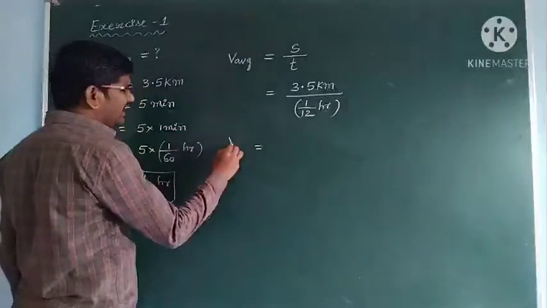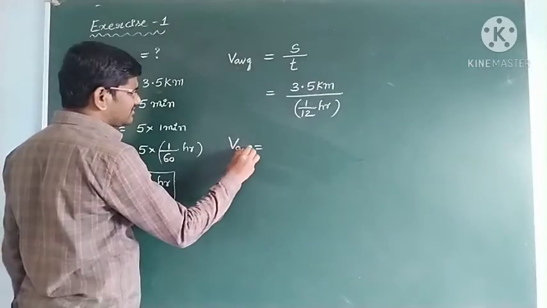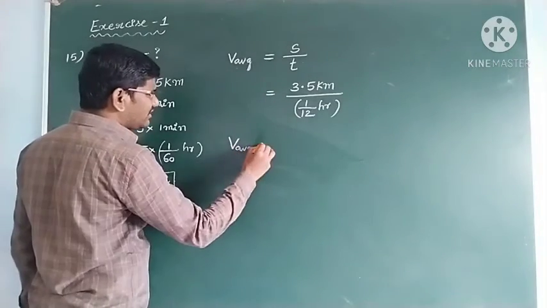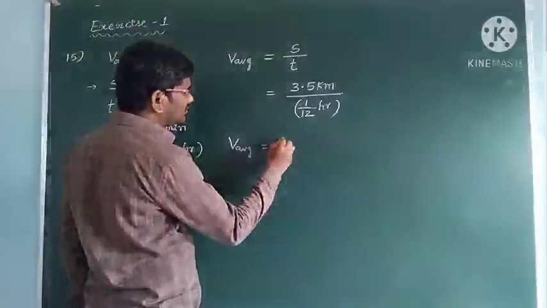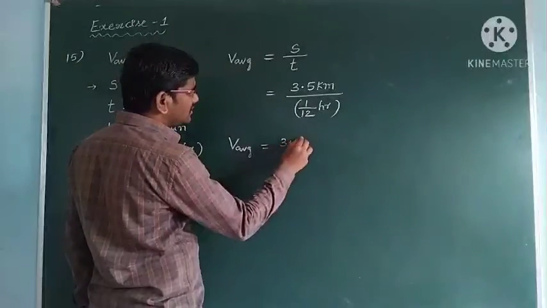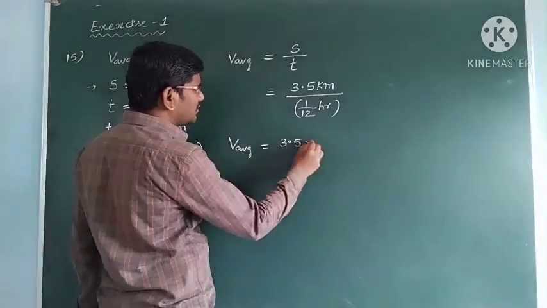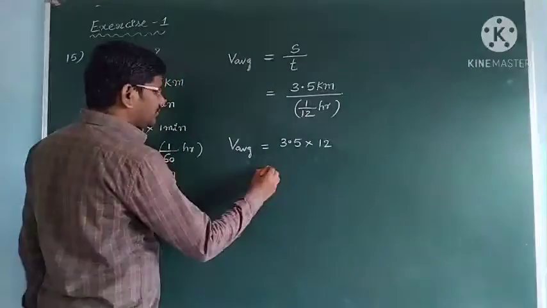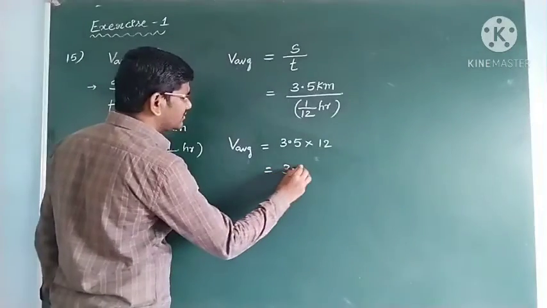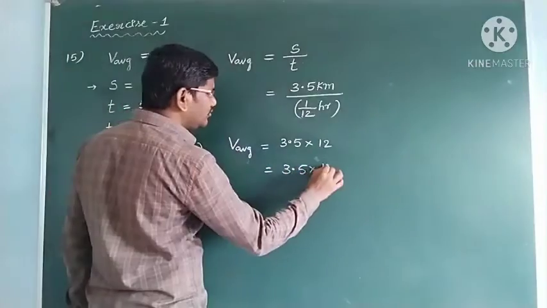So then V average is equal to 3.5 into reciprocal of this, 12. So you will get 3.5 into 12.